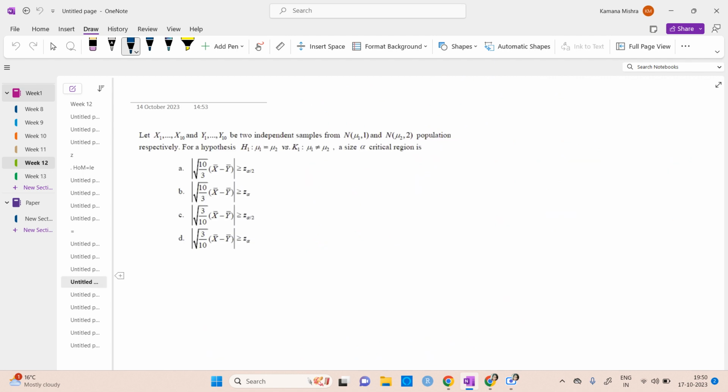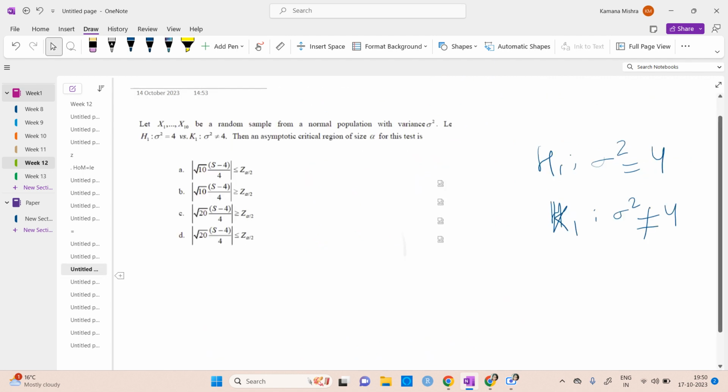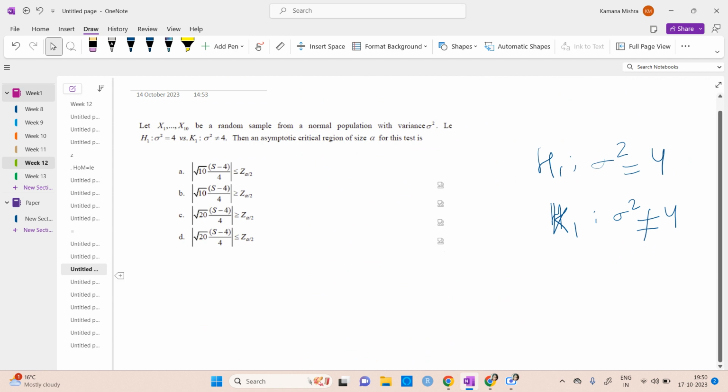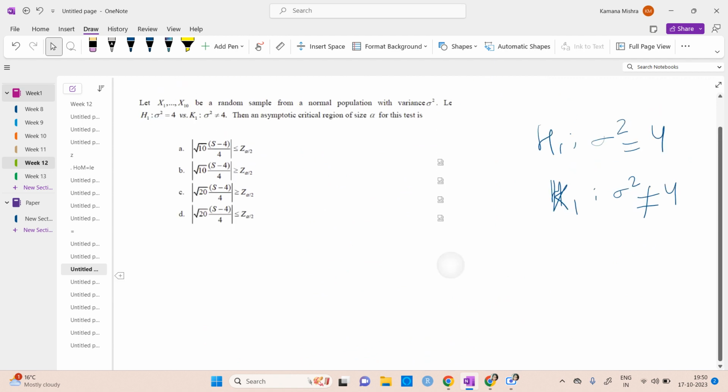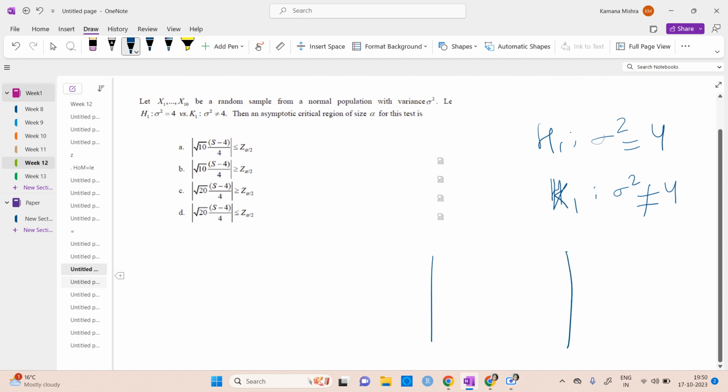So we will move to the question. This was the question. The test statistic would be the square root of n times s minus sigma naught divided by sigma naught.